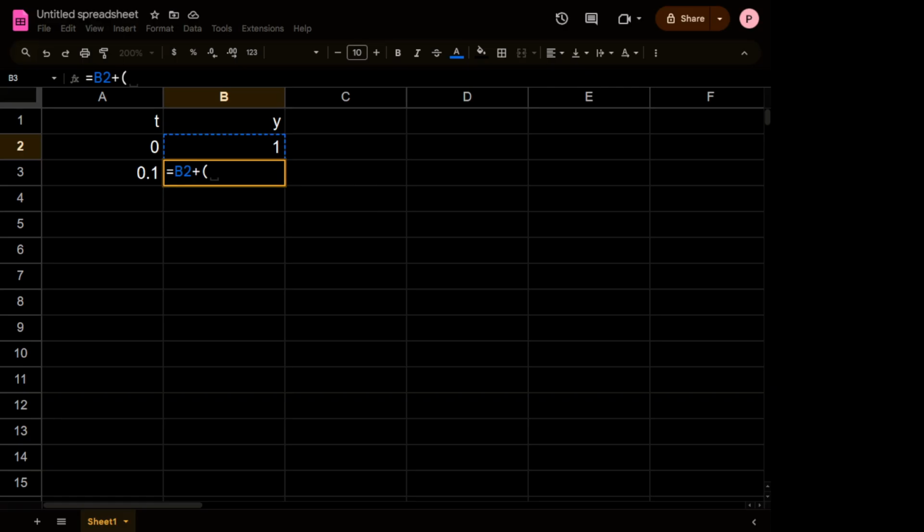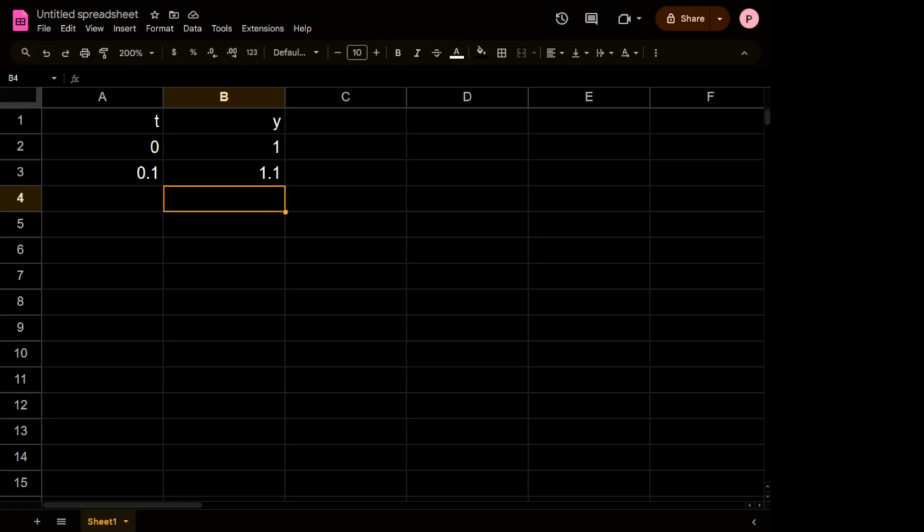It's going to be 2 times the y value that we already have, which is this same value that we just selected before, and then minus 1. Right? That's evaluating my function at that point. And then I have to multiply that times my delta t, which is 0.1. Enter, that gives me my next entry.